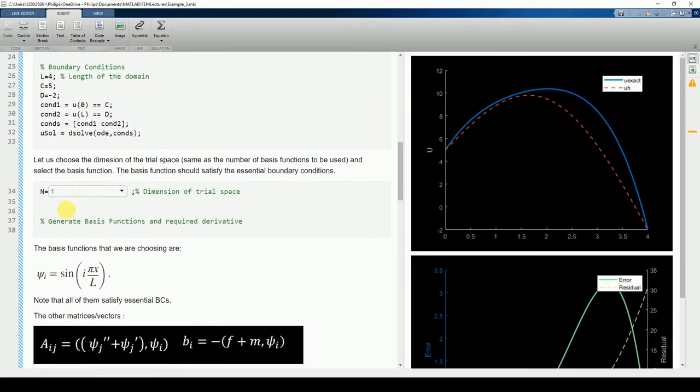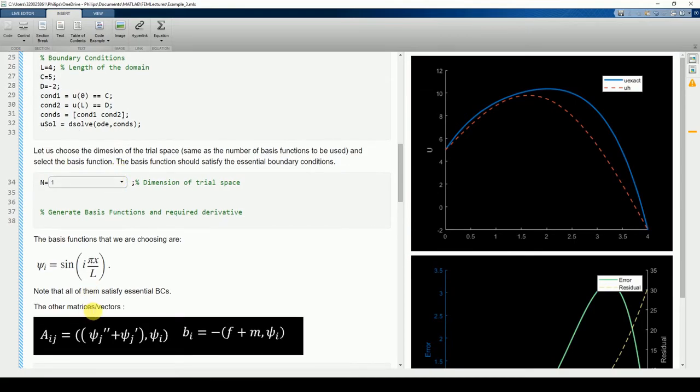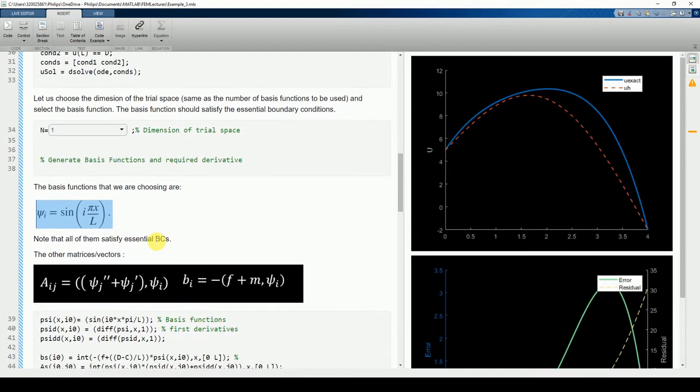Now we choose basis functions. We are using the same sinusoidal basis functions. We could have used another basis function, but we don't want to demonstrate the selection of basis functions here, just the use of the boundary functions.